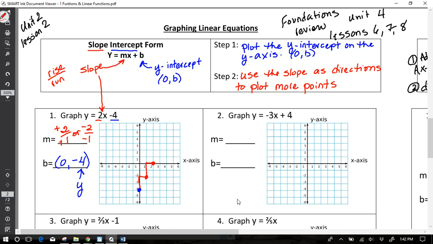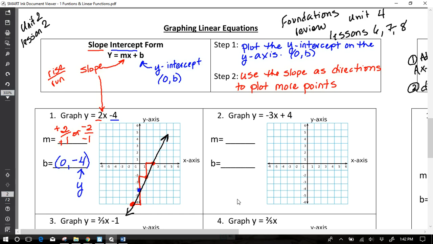You might have to do this sometimes. So instead of going up and right, I'm going to go down 2, left 1, and put a point. And how would I know if I've done this correctly? Well, all of the points should form a nice straight line, even after you've changed directions.